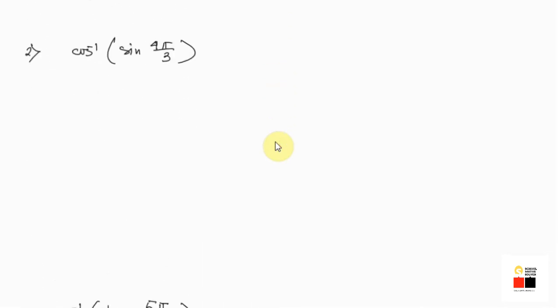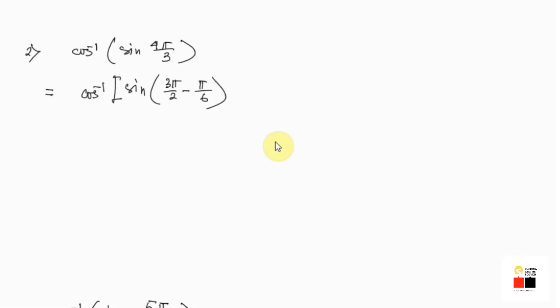Now, cos inverse sin 4 pi by 3, that is cos inverse sin of 3 pi by 2 minus pi by 6.